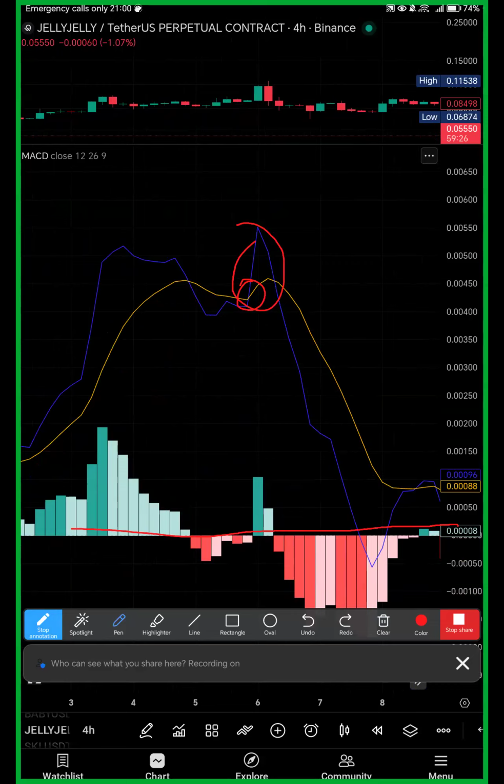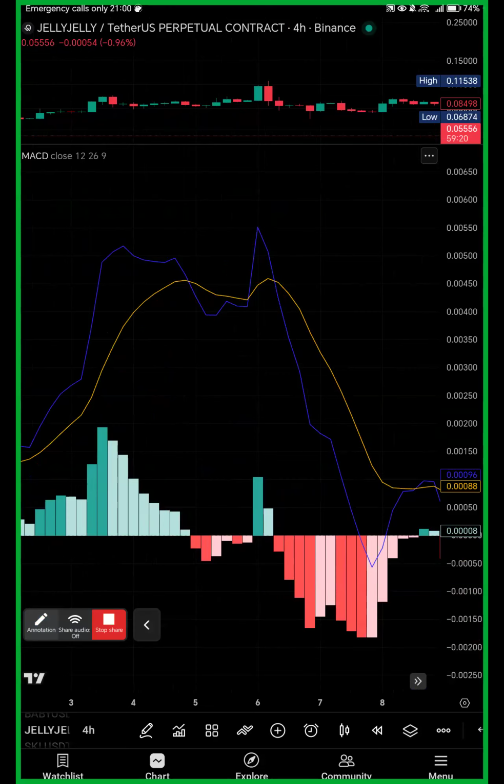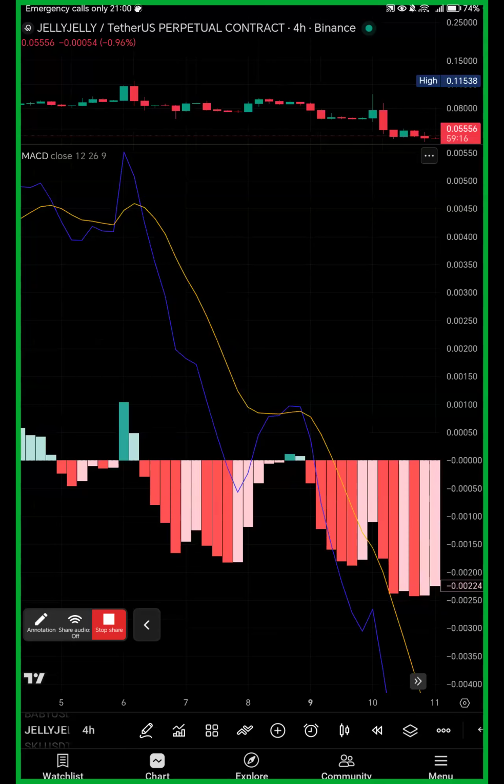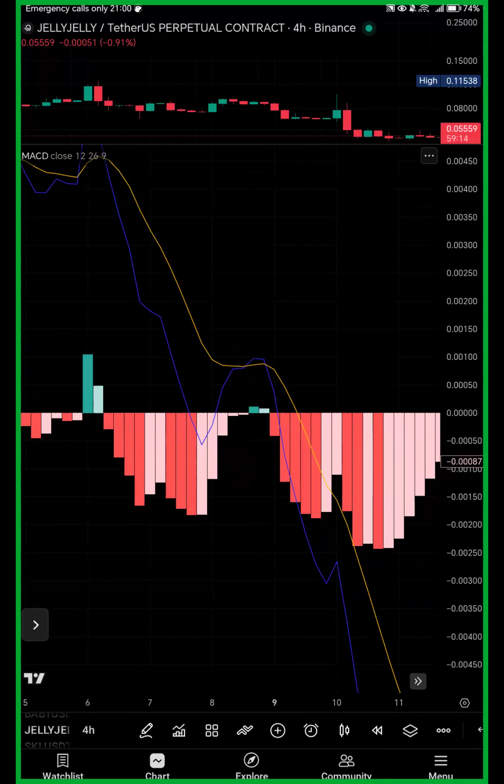That's what I'm trying to explain: a crossover happening above the zero line, a crossover happening below the zero line. It can be a golden cross, it can be a death cross, but these two crosses can happen above the base or below the base.